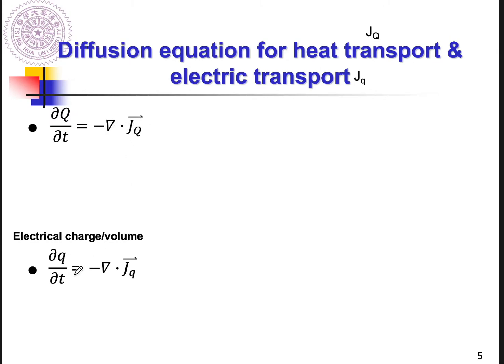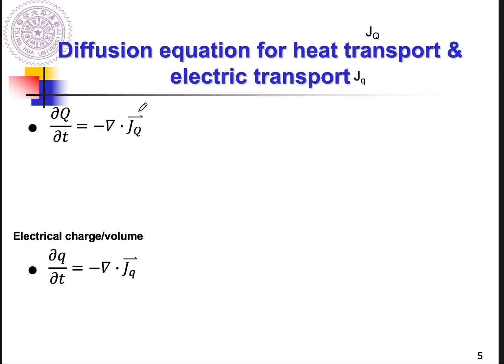And for electrical transport, you just substitute the charge, partial Q partial t, and use the current density in place of the heat flux.